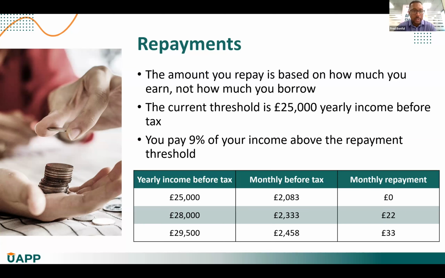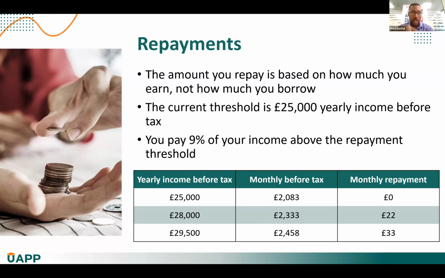So just to make it easier for you in terms of maths. If somebody's wages was £28,000 a year, you would take the 25,000, which is the threshold, from the 28,000. You're going to be left with 3,000. Then you take 9% of that 3,000. That 9% is what student finance will use.